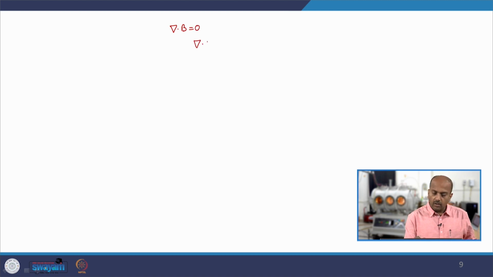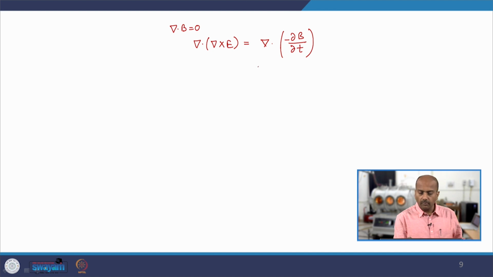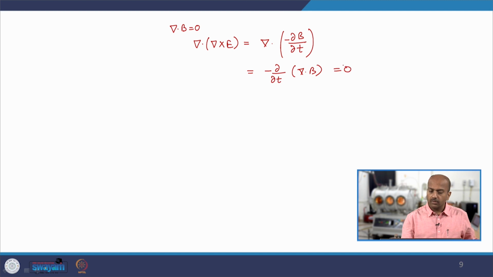Now, let us say I take the divergence of del cross E, which will be equal to del dot of minus dou B by dou t, or minus dou by dou t of del dot B, which is equal to 0, right.